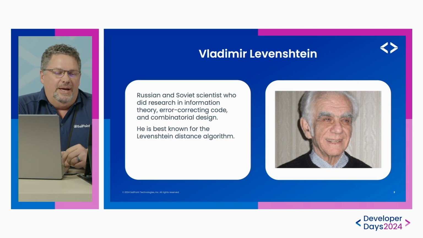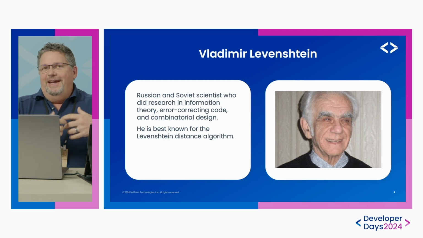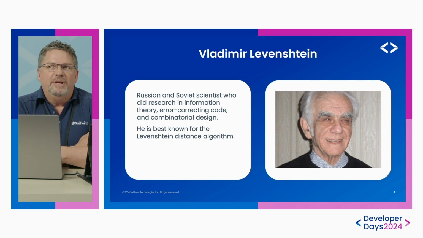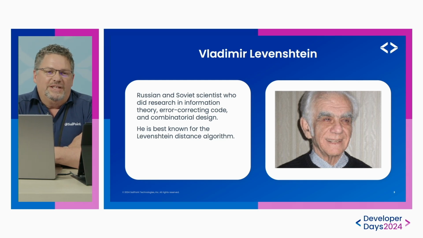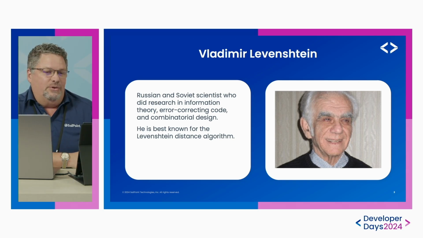Fernando said he had put in this model created by Vladimir Levenshtein, and basically what it's all about is comparing strings and saying, hey, I've got these two strings, how close are they? How many substitutions do I need to make in the string to make these two things look like each other, right? So that's what this is all about, and it's this distance algorithm, right?